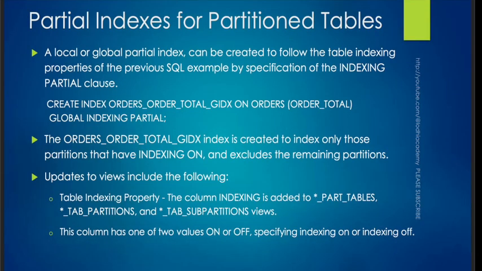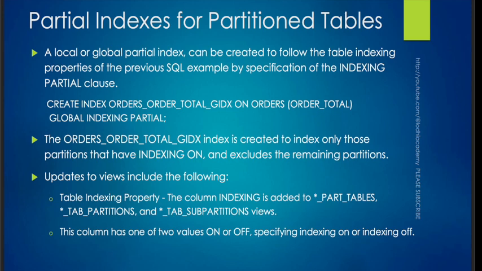A local or global partial index can be created to follow the table indexing properties of the previous SQL example by specification of the indexing partial clause. As you can see, the command is create index, index name, on table and then column name, global indexing partial.